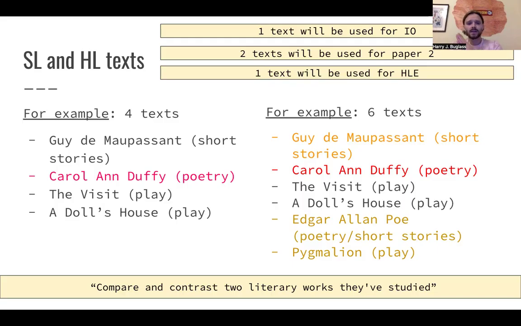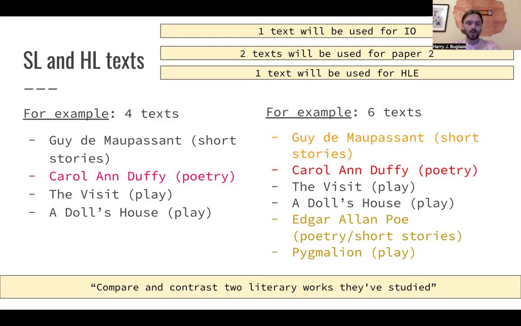Finally, you're advised to compare and contrast 2 literary works that you, the students, have studied, not that have been submitted in your course outline. So while you have these 6 or 4 texts submitted to the IB as part of your school, potentially, this doesn't mean you can only use these 4 or 6.